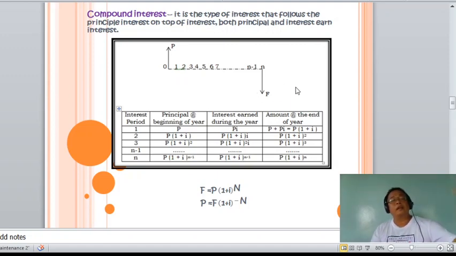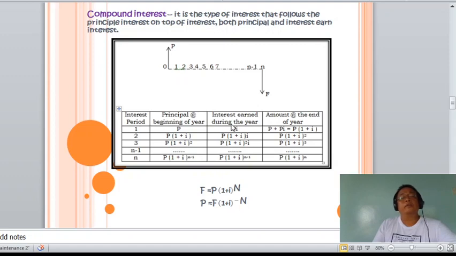Okay, so let us now tabulate, to make it clear how the formula is derived. Let us consider a tabulation. The first column is the interest period. The second column is the principal at the beginning of the year.